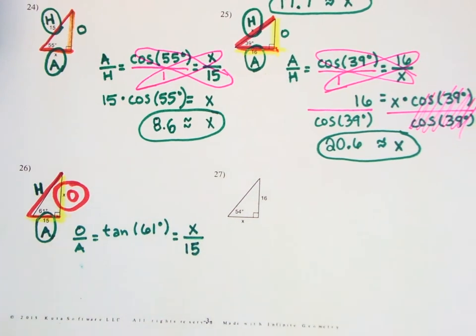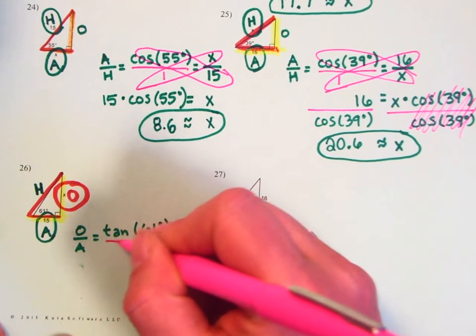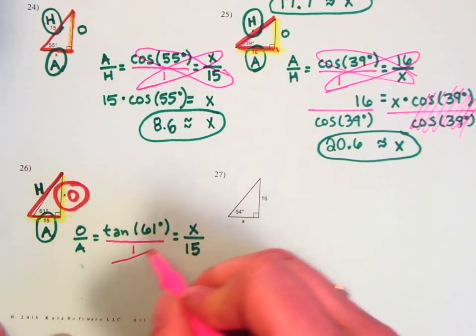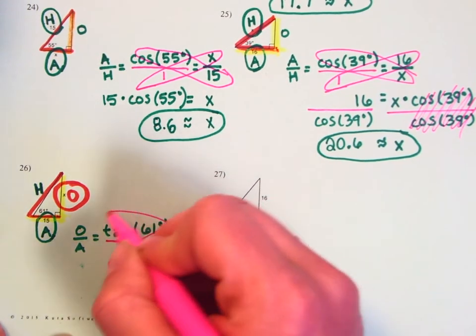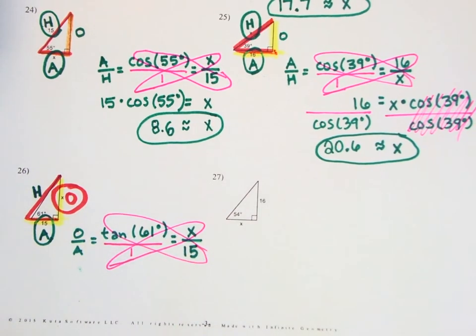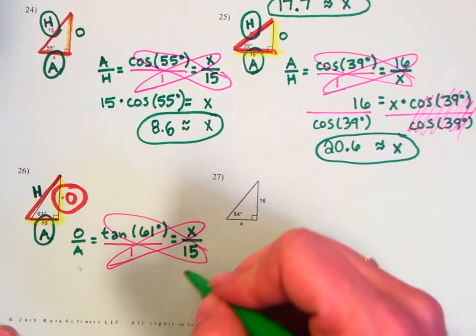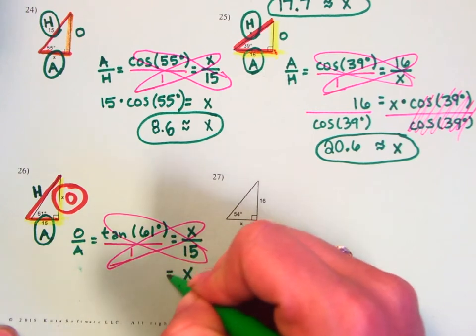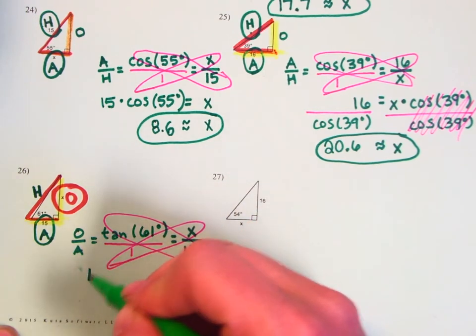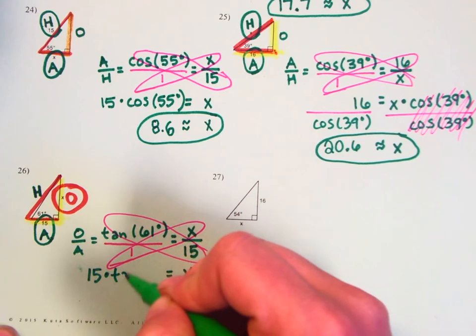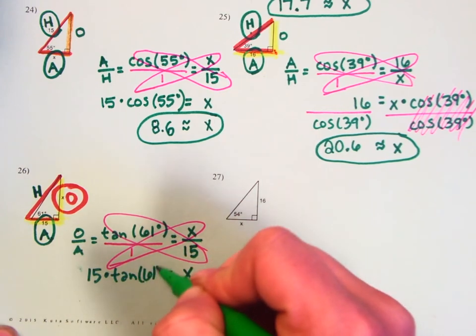We know that we're going to set up a proportion. When we cross multiply, we get 1 times x is x, and x is equal to 15 times the tangent of 61 degrees.